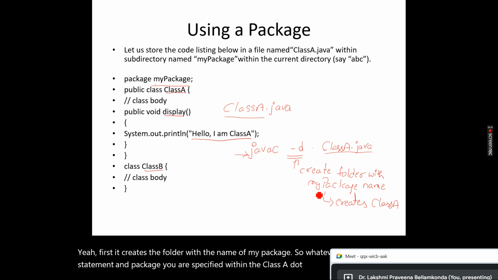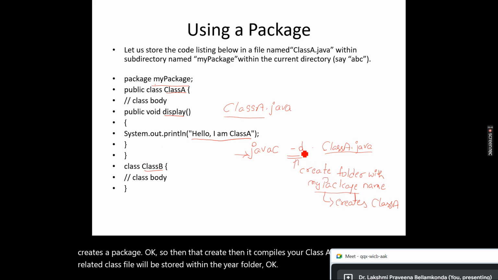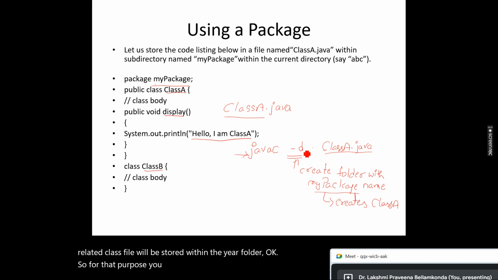Then it compiles your class A, and the class file will be stored within that folder. So for that purpose you require the hyphen d option. There is no space, hyphen d immediately.